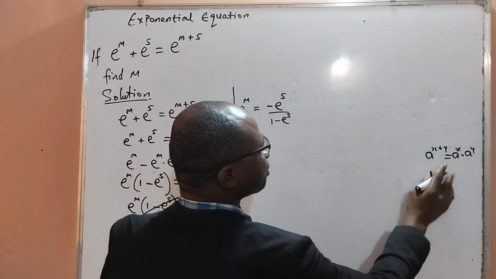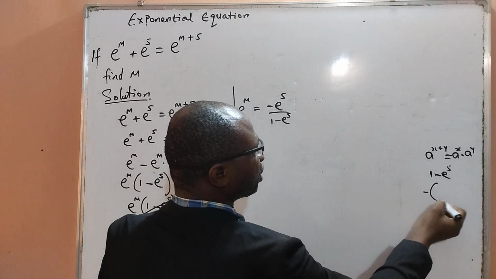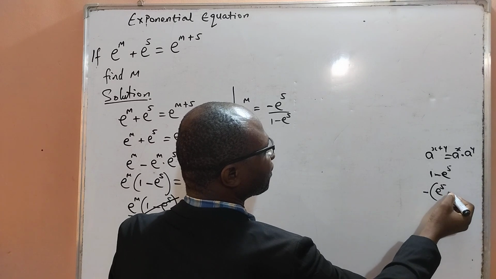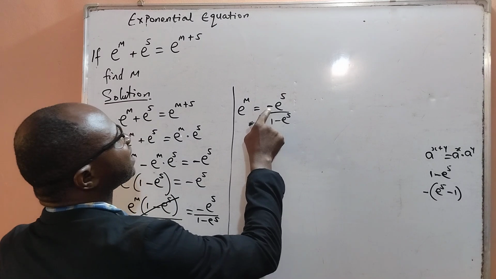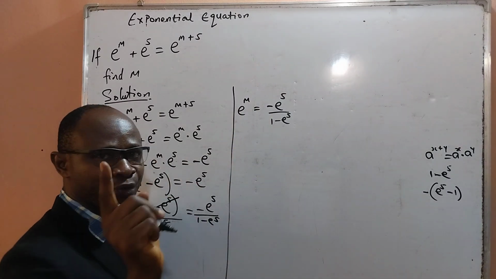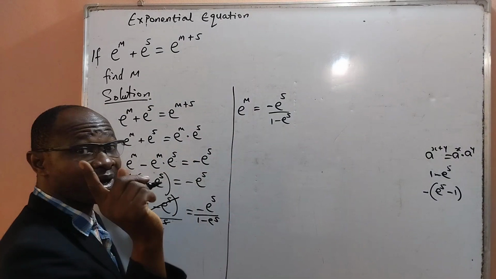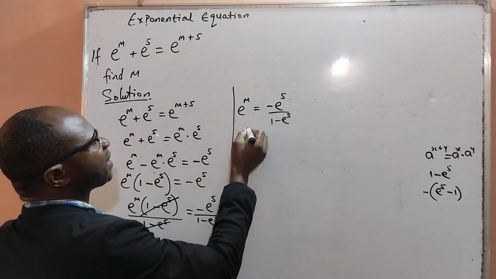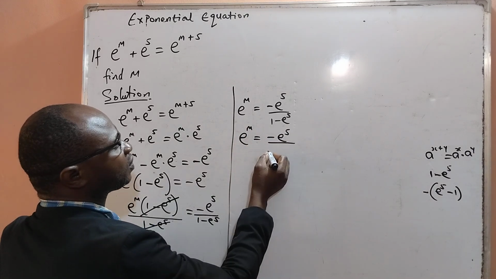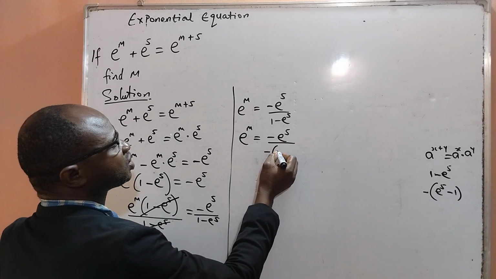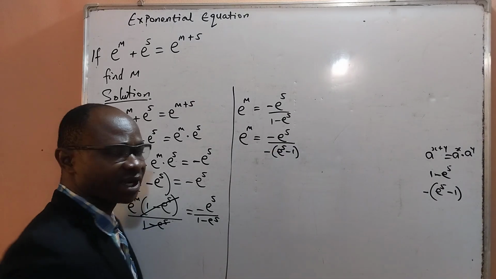At this point, 1 minus e raised to the power 5 is the same thing as minus into e raised to the power 5 minus 1. The essence is that I want to cancel out the negative sign at the numerator. That means I will use this to replace what I have at the denominator, to have e raised to the power n equal to minus e raised to the power 5 all over minus 1 minus bracket open e raised to the power 5 minus 1 bracket close.